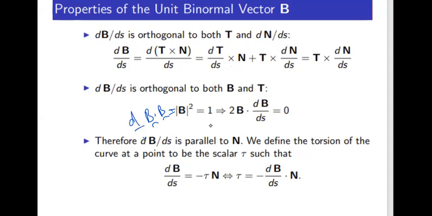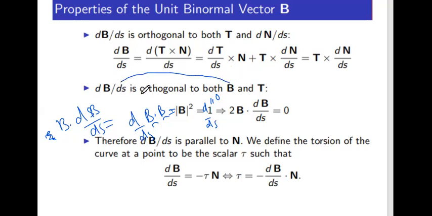When you differentiate this with respect to s, the right hand side becomes 0. So this is equal to B dot dB over ds, and the 2 here you can ignore because it is non-zero. Then B and dB by ds are perpendicular, orthogonal.